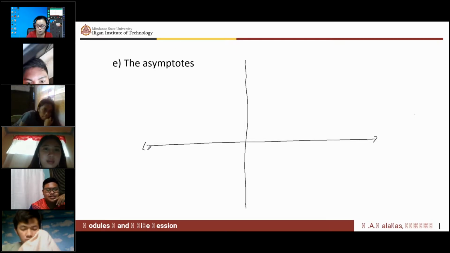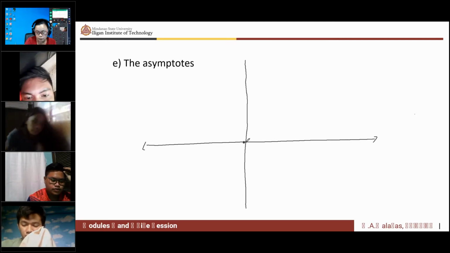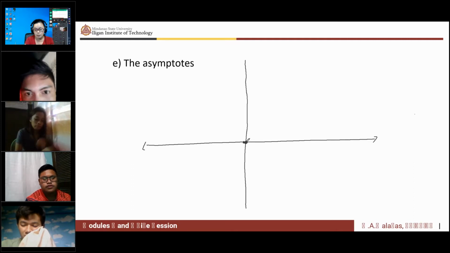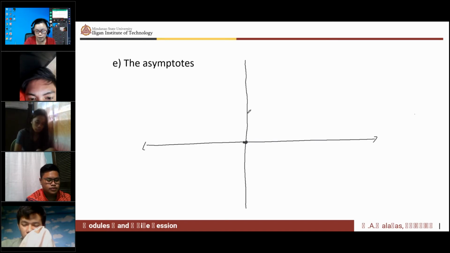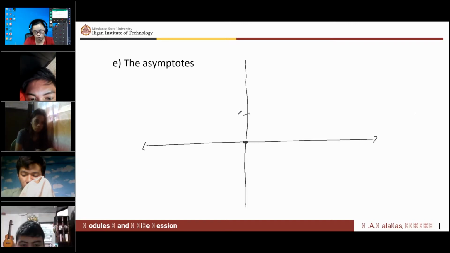We start with the intercepts. So this is our intercept. Why can't I point to the origin? So that is our only intercept. And then we start with our asymptotes. We have the horizontal asymptote, y equals 2.